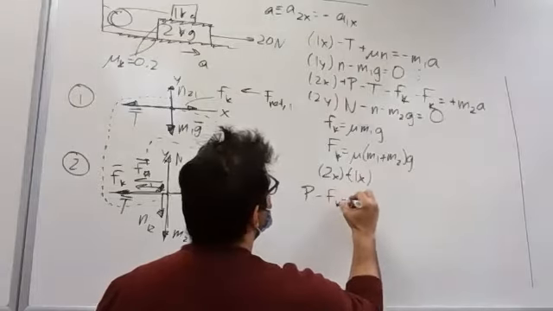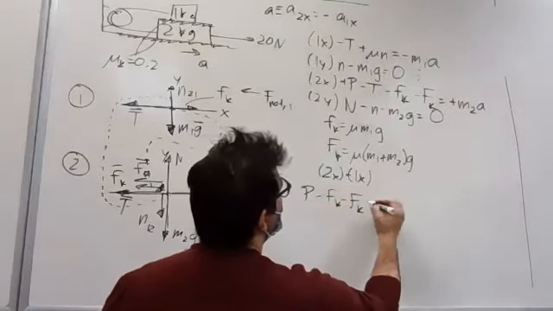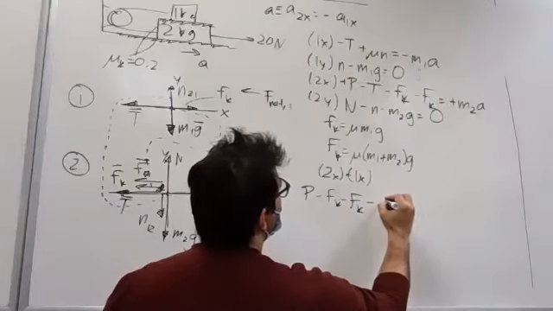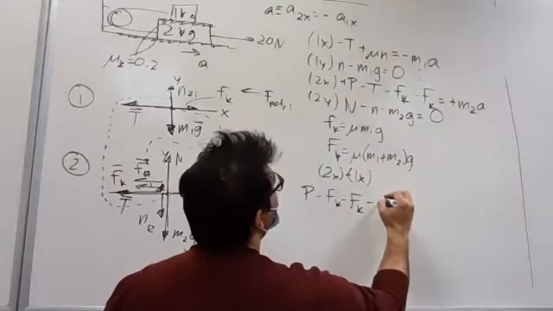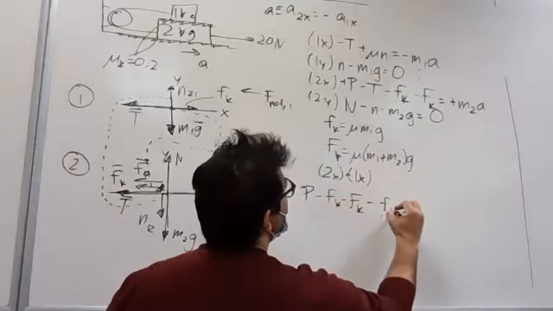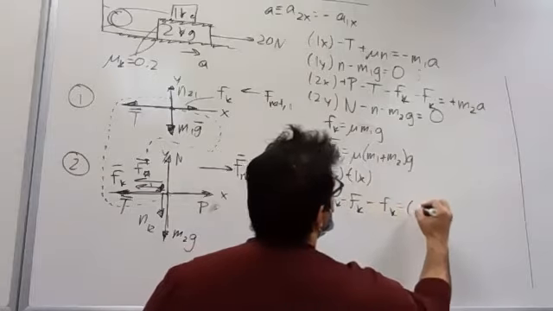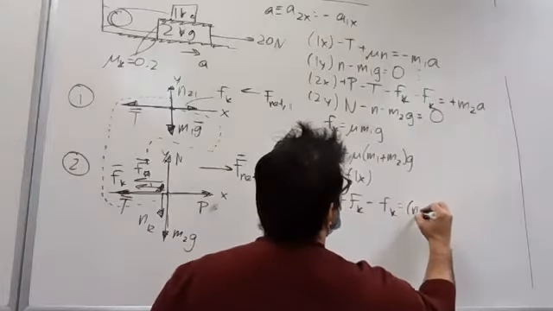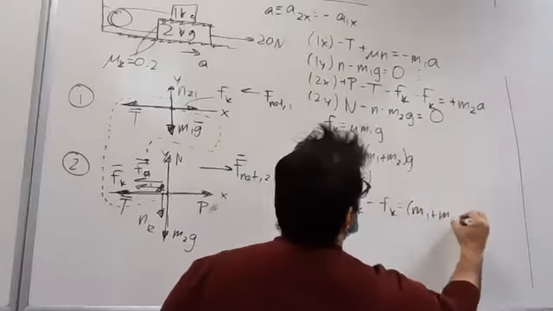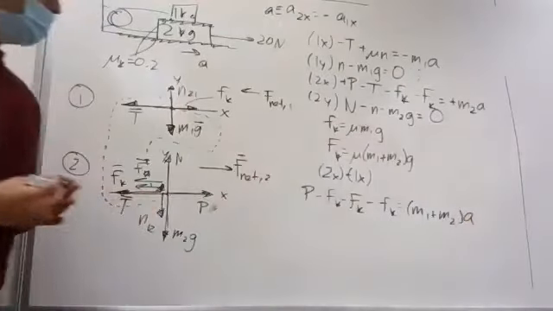P minus little f minus big F K. I have to subtract the minus a minus FK, right? Oh, minus plus FK. So they do add together in the sense that there's two minuses. This is the behavior that I would expect, actually.